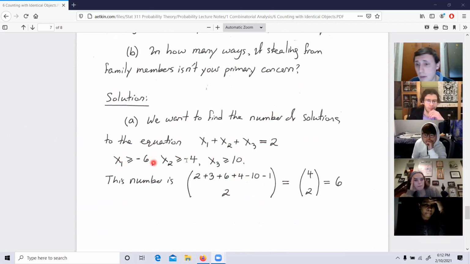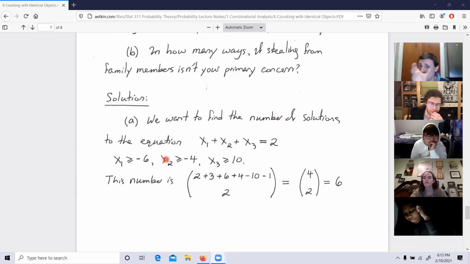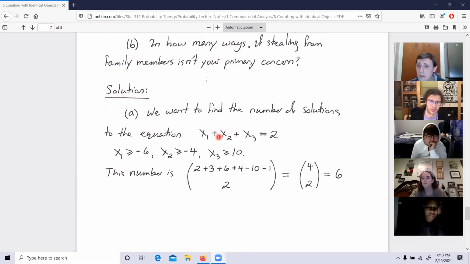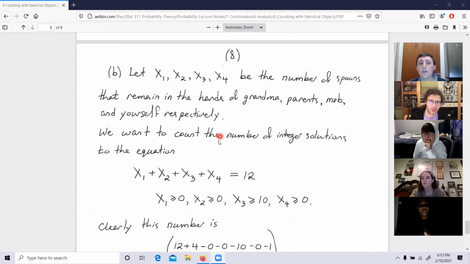If this is the equation you obtain, and then you convert it to variables being more than or equal to 0, you just have another equation, variables equal to a number. Now you just think of the number they're equal to as the toilet paper, and the number of variables, 3 minus 1, as the bars. In other words, I need 2 bars to partition into 3 segments, okay? That's what's important.